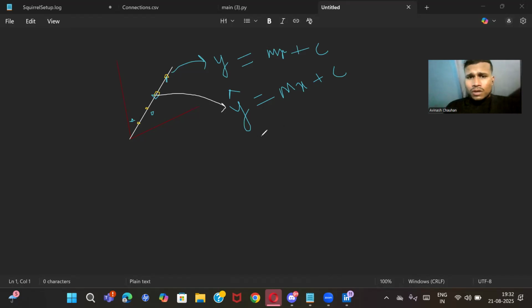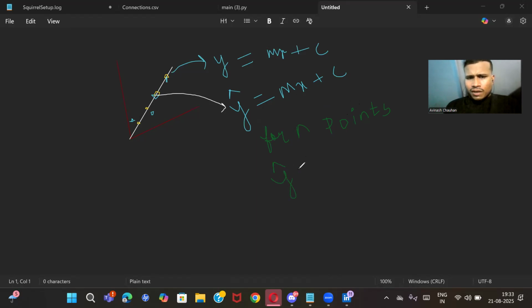Similarly, for n points, what will be the equation of the line?